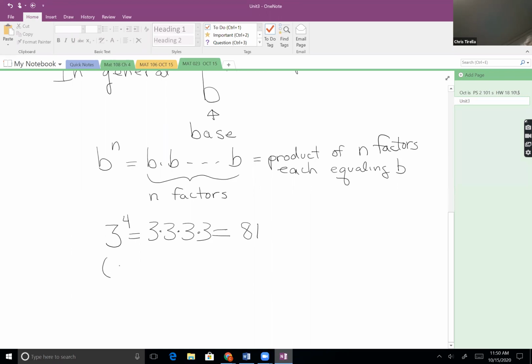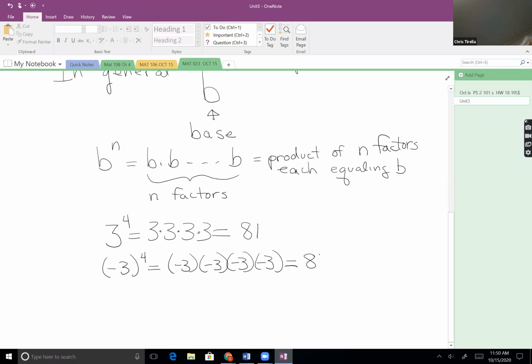Next one, I want to look at negative 3 to the 4th. That would be 4 factors of negative 3. With your calculator, negative times negative would be positive, times negative is negative, times negative is positive.